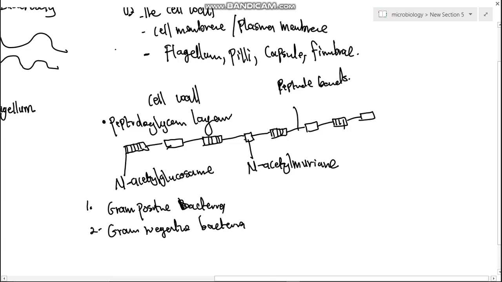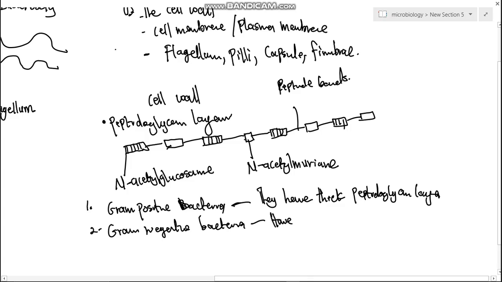So what we can say about the gram-positive bacteria is that they have a thick peptidoglycan layer. And then the gram-negative bacteria have what?